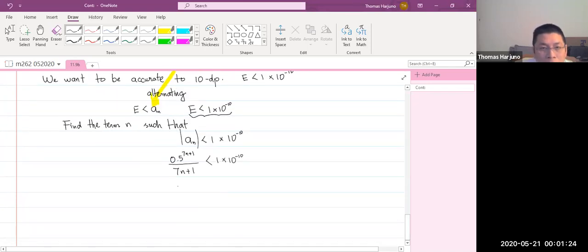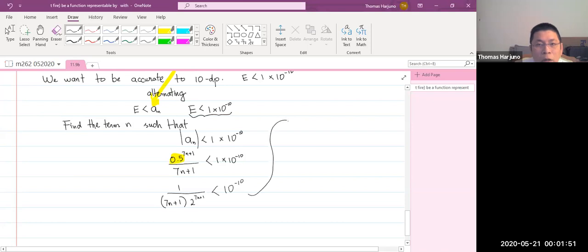Oh, hold on. So this is 1 over, that 0.5 happens to be 1/2, right? So this is 7n plus 1 times 2 to the 7n plus 1. Is it right? This has to be less than 10 to the negative 10.